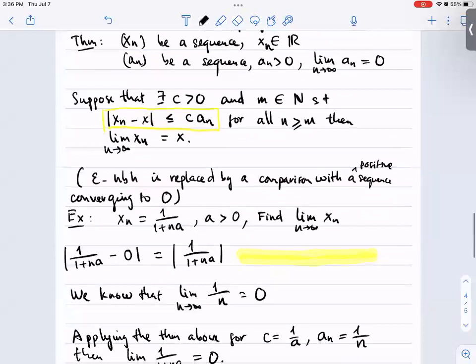Basically, the content of this theorem is that the epsilon neighborhood in the definition of the limit is replaced by a comparison with a positive sequence converging to 0.